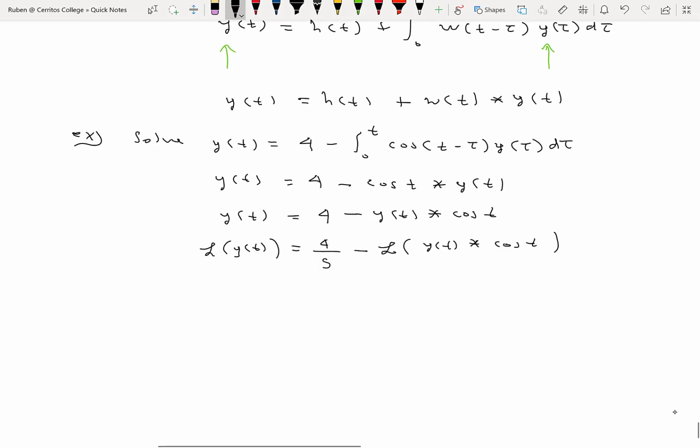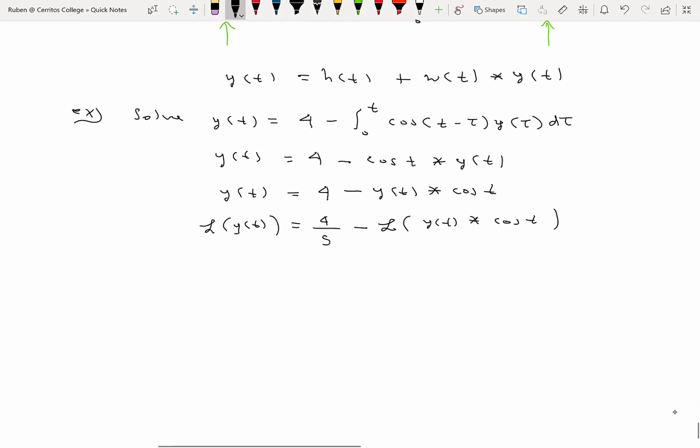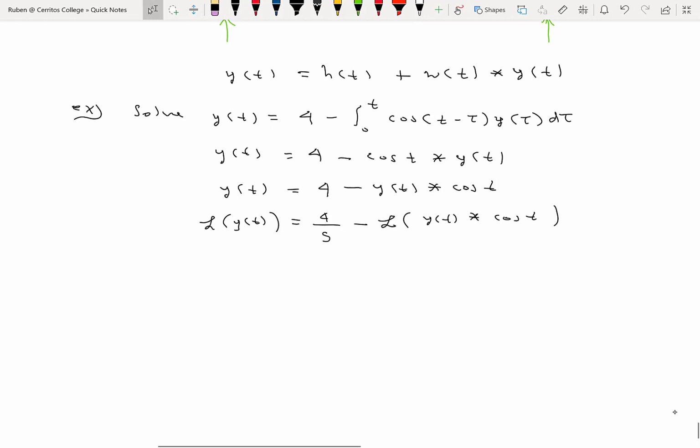But we have a formula for the Laplace transform of the convolution product of two functions of t, and that was the big result. The Laplace transform of the convolution product is the regular product of the individual Laplace transforms.